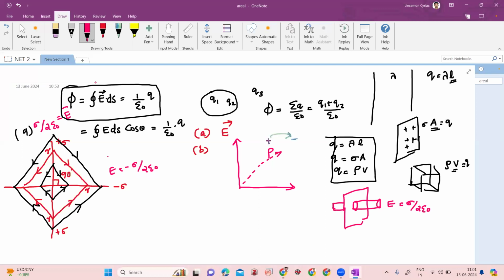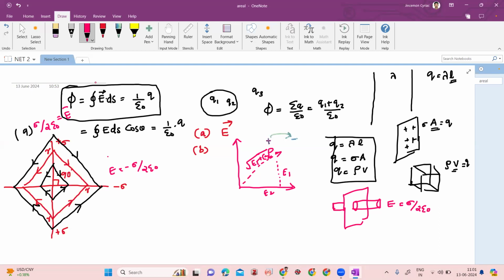If we take E1 and E2, then the value of the net field is the square root of E1 squared plus E2 squared, like a triangle: base square plus altitude square is equal to hypotenuse square.